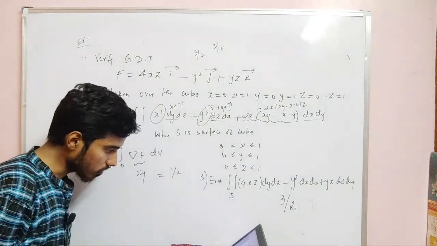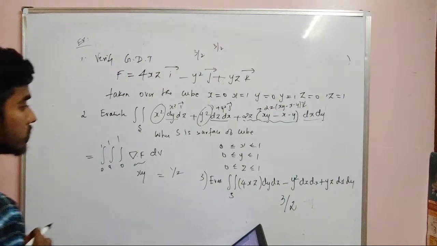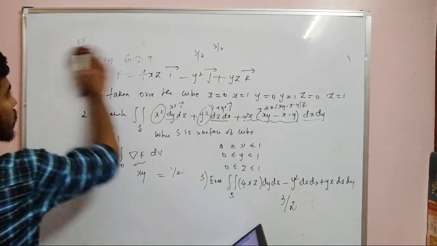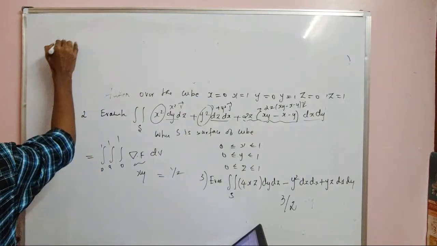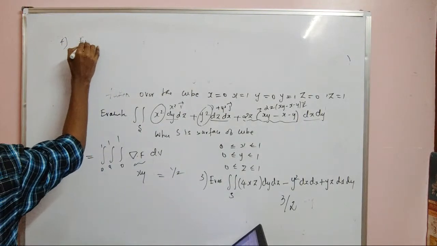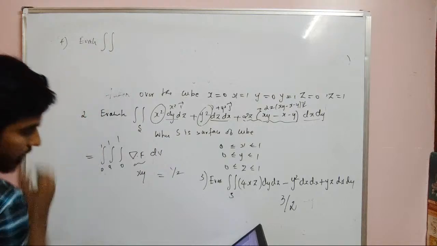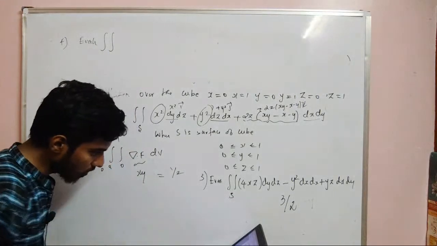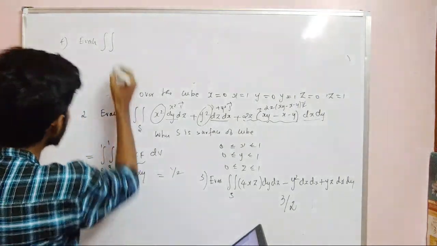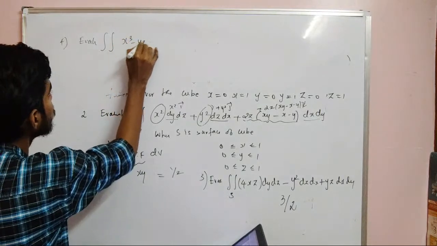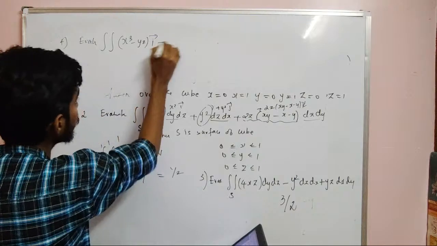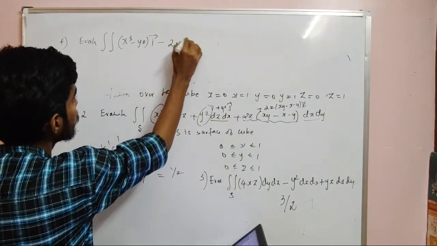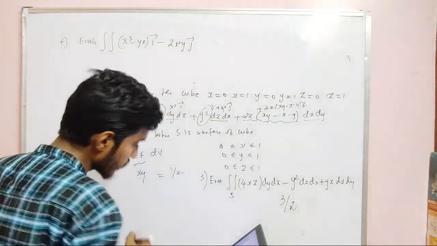So I will give you one more problem also. This is the third problem, and the fourth problem is: evaluate the double integral of (x cube minus yz) i vector minus 2x square y j vector plus 2k vector dot n dS.